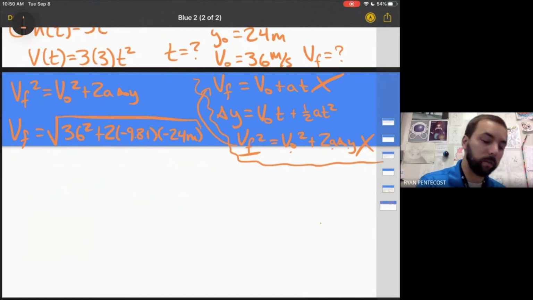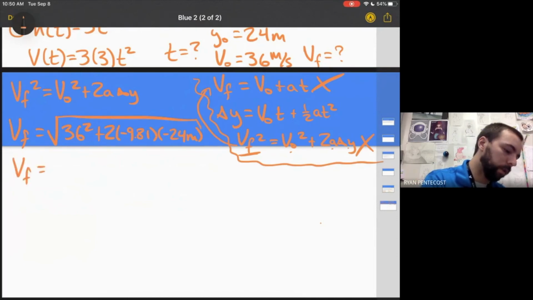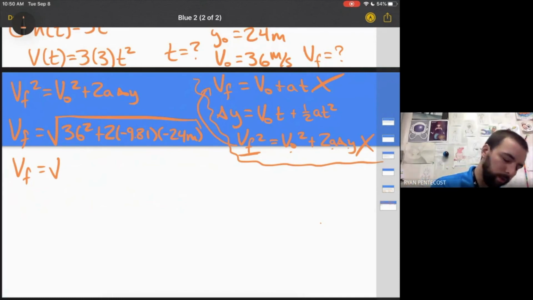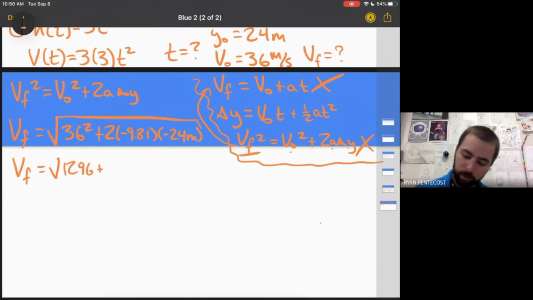Don't forget your negative because it is falling. So v final, on the calculator: 36 squared is 1296 plus 2 times 9.81 times 24. That's 470.88.